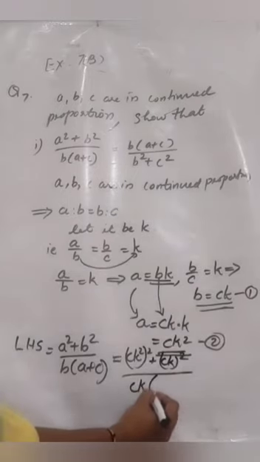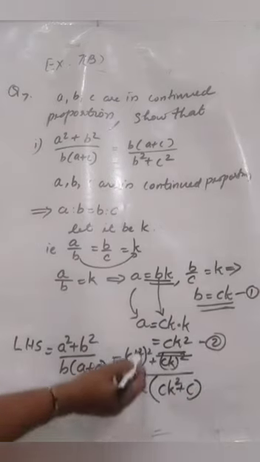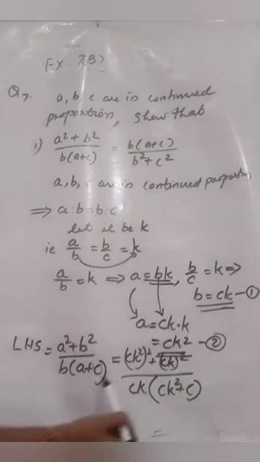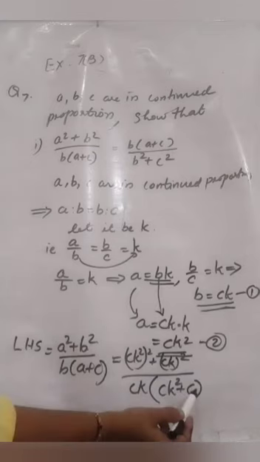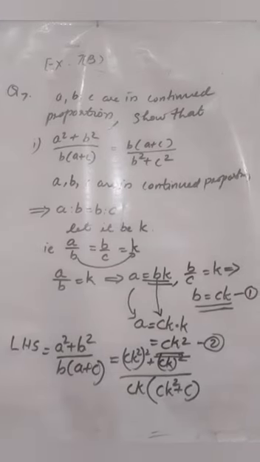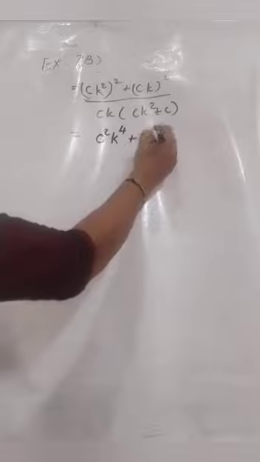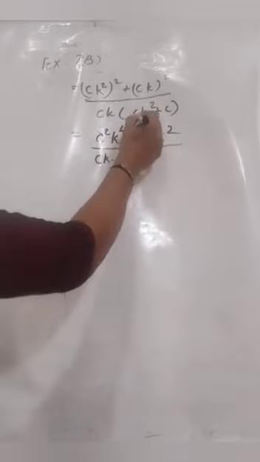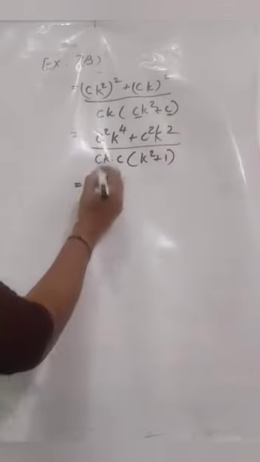Divided by, again, B is CK into A is CK square plus C. Which is equal to C square K raised to 4 plus C square K square whole divided by CK, and you can see the C is common inside the bracket, K square plus 1.